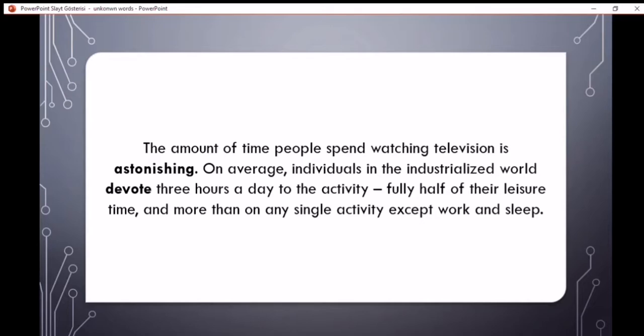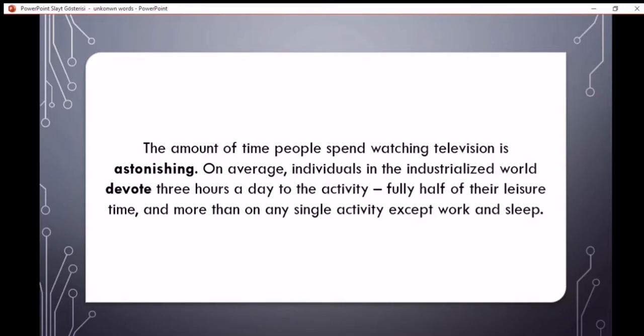Now, we should keep in mind that the sentences in a reading passage, in a paragraph, are connected to each other. They have to be connected to each other. They can't appear out of the blue and just be there. That's not possible. So what happens is that it's connected to the previous or the following sentence. And which is what happened in the second sentence. On average, individuals.